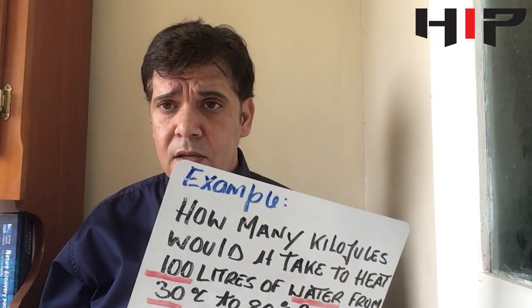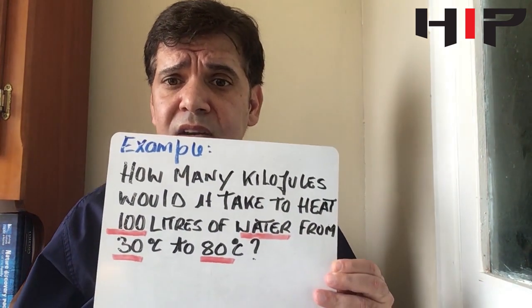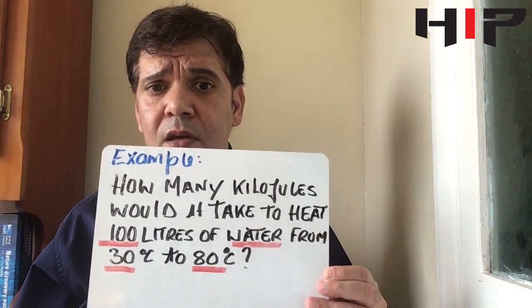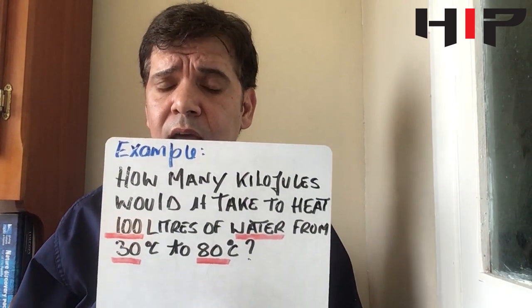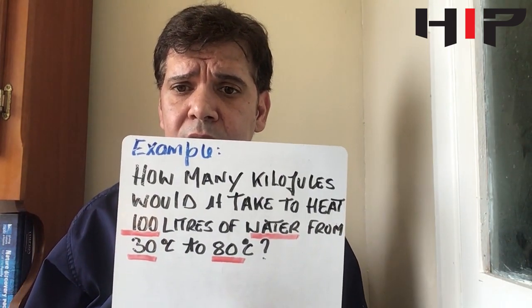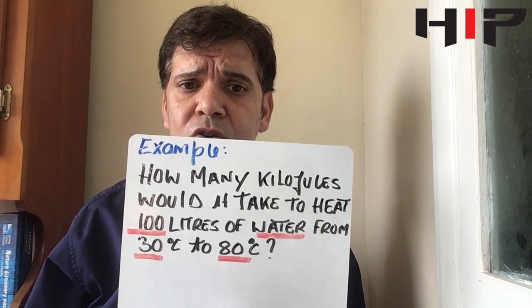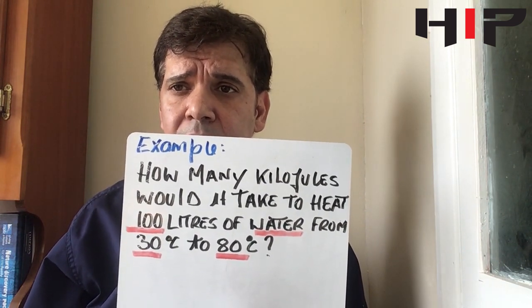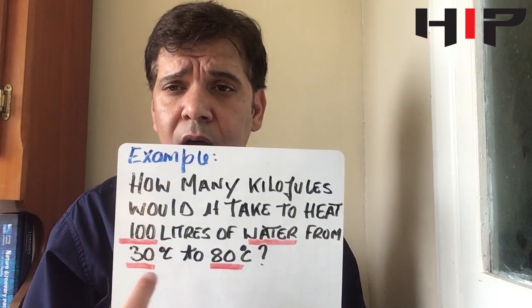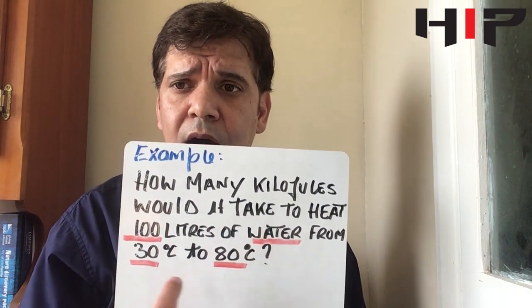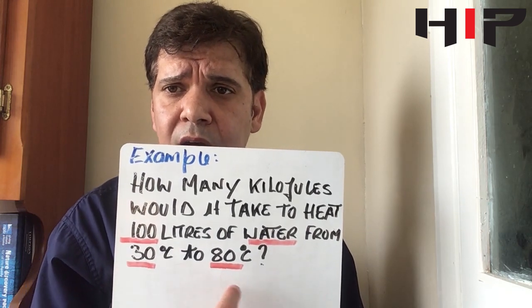I've got an example here, and it is very simple to understand. How many kilojoules would it take to heat 100 liters of water from 30 degrees to 80 degrees? As you can see, I underlined 100 liters, water, and 30 and 80.